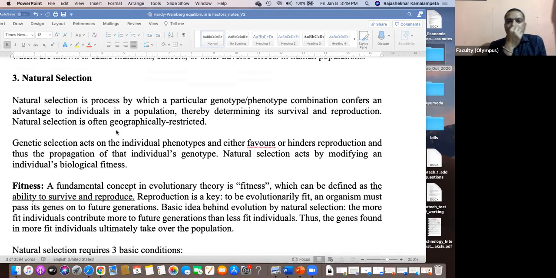Natural selection we already discussed in evolution, correct? Darwinism. Darwin explained how natural selection acts on certain things: competition, survival of the fittest, and those that are beneficial will be favored by natural selection, meaning they survive.